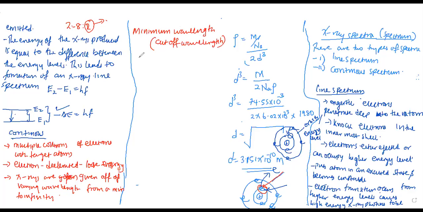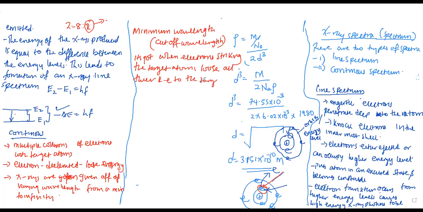We have said it is produced when electrons striking the target atoms lose all their energy to the target atom in one single encounter.